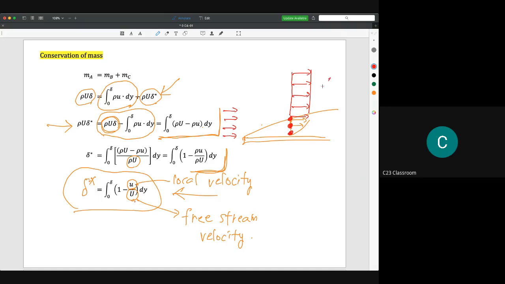Why does this phenomenon happen? Because the velocity distribution here occurs because of the no slip condition. The no slip condition reflects the shear stress that occurs between the molecule and the solid surface. And when the molecule is far from the solid surface, the shear stress becomes weaker and weaker.